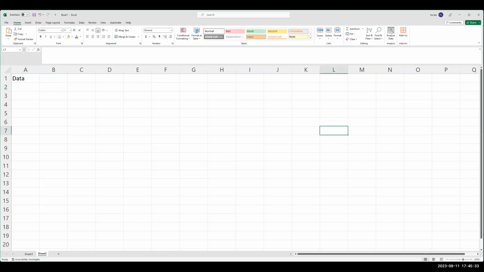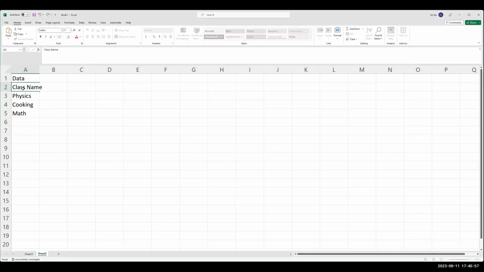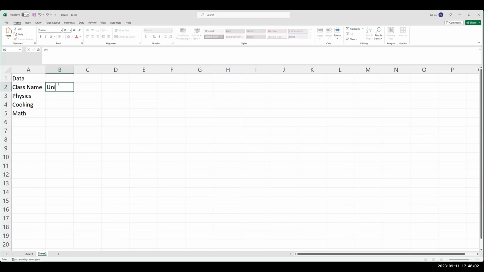Let's just put in grades. So the student took physics, took cooking, took math. Okay, those are, let's say, 3 classes. And these are the class names. We need to give the units. Let's say this is 4, 1, and 3.